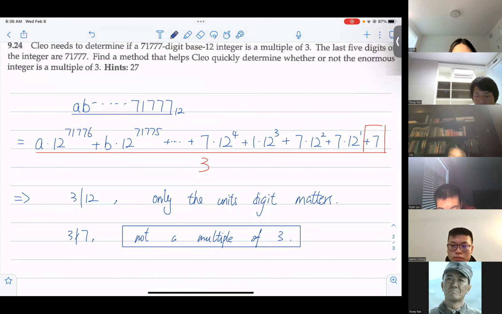Okay, so what does this remind us of? Does this remind you of some divisibility rules you studied before? So, for example, what are even numbers? Even numbers are multiples of 2, right? So why does every number that ends with 0, 2, 4, 6, 8 can be divided by 2?